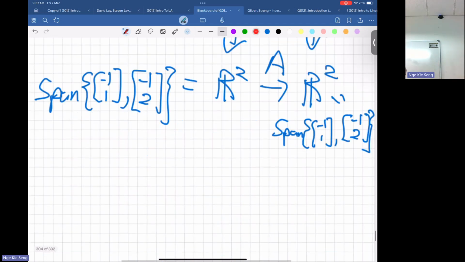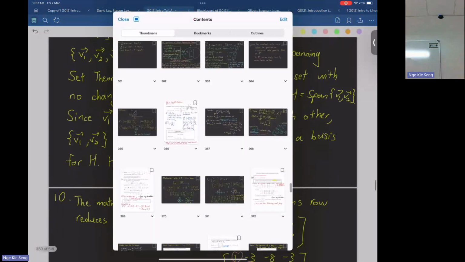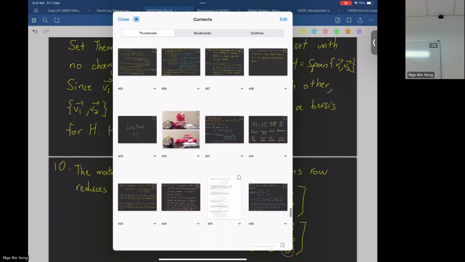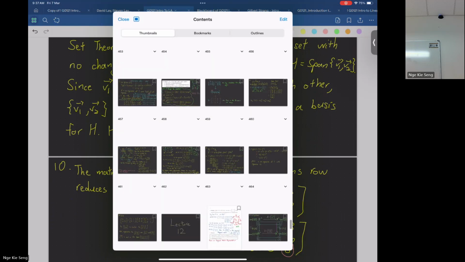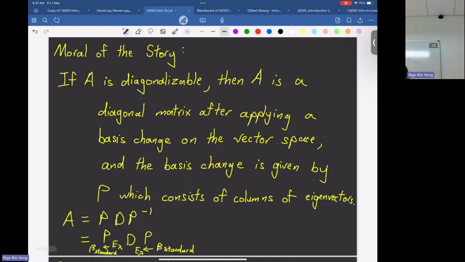Okay, so something you can summarize here is: if A is diagonalizable, then what is A actually? A is simply a diagonal matrix after applying a basis change on the vector space.